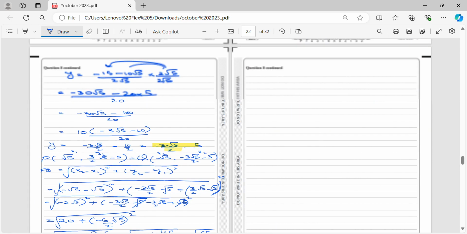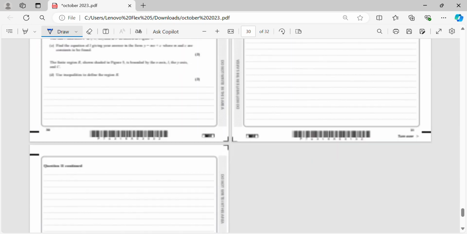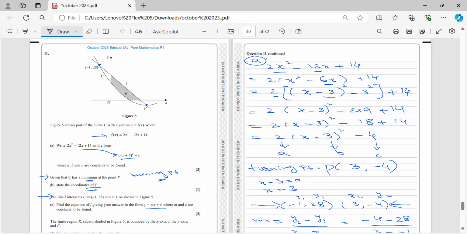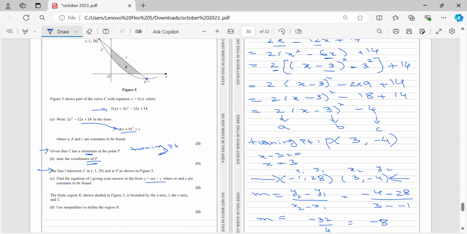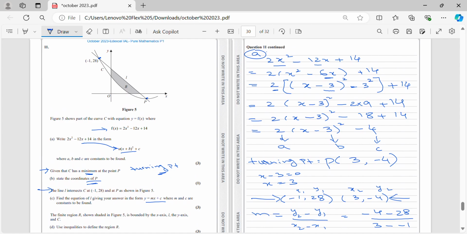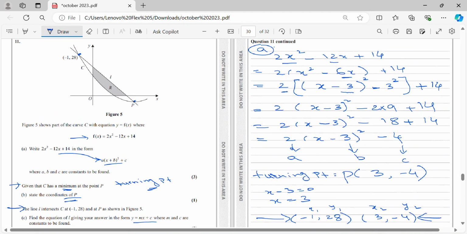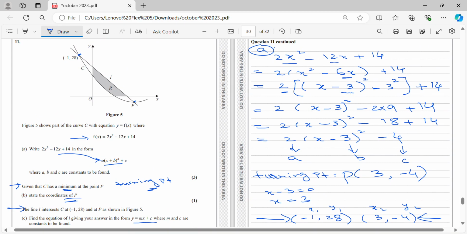What's next? Wait a minute, the question is here. So the D part is use inequalities to define the region R. For that, I need to look at what the region is here. I have the equation of a straight line, which is y equals negative 8x plus 20. I have the equation of a curve, that is 2x squared minus 12x plus 14.